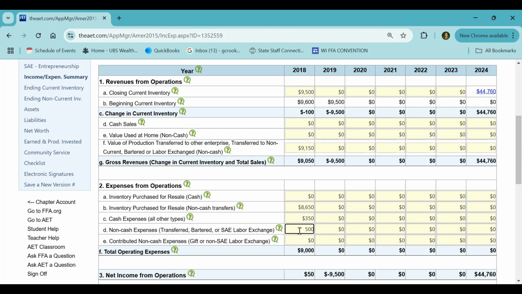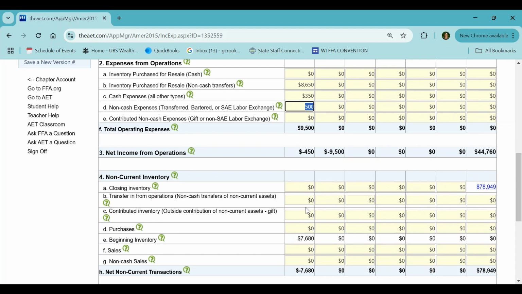So that 2B and 2D, when you add them together, will equal this 9,150, because this individual did not transfer anything in to 4B this year.